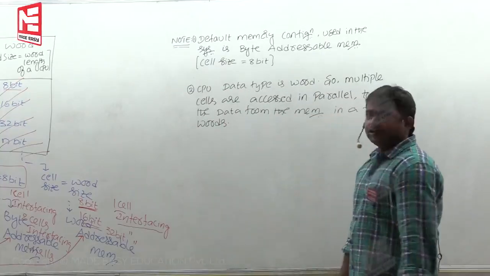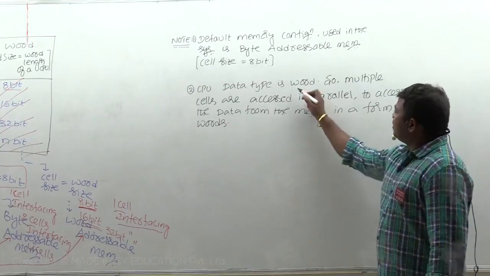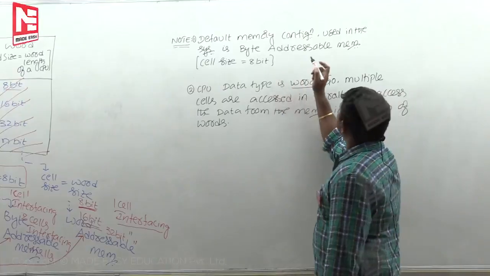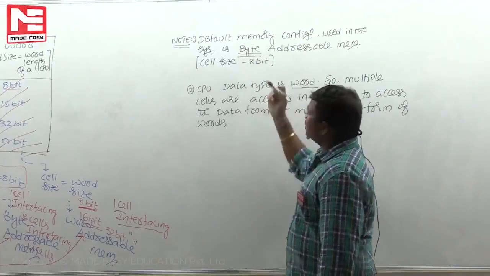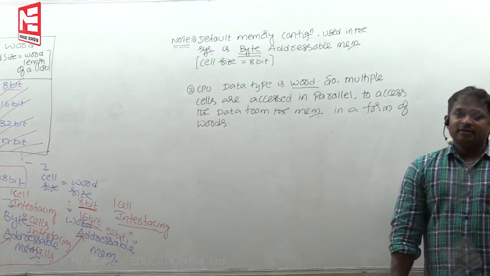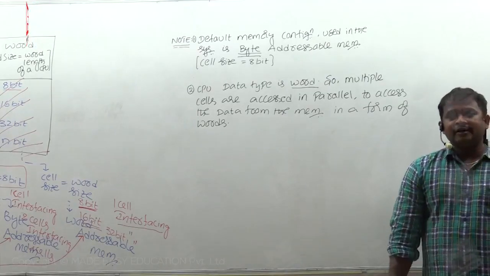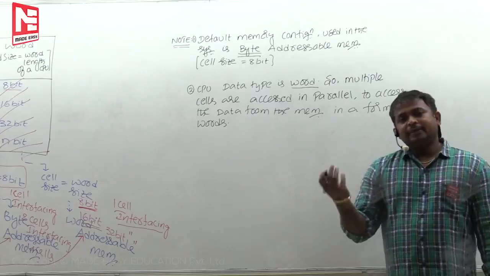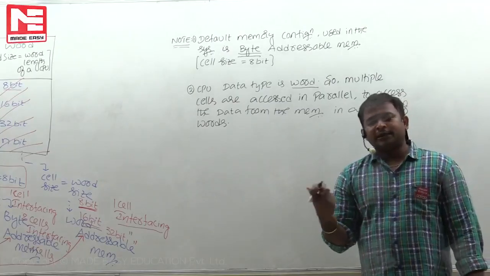Okay, CPU data type is word. Memory data type is byte. In the memory, data is stored bytewise. Accessing is wordwise. Then only the CPU data type and memory data type are both synchronized.